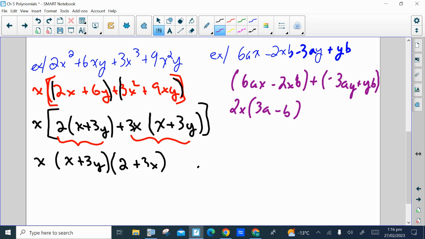Just watch this. If we took out a positive y as a common factor, can you tell us, Kenzie, what would be inside the bracket? Well, if you divide each term by positive y, what are you left with? If you go negative 3ay and you divide it by positive y, what are you left with?